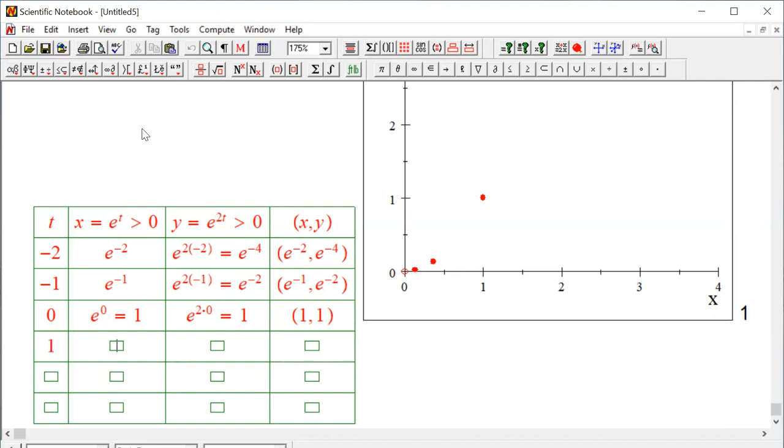So the next moment: e to the power of 1, and that's e to the power 2. So the next point is e, comma, e squared. This point is going to be on the curve.